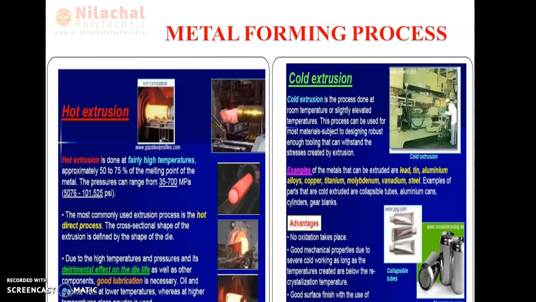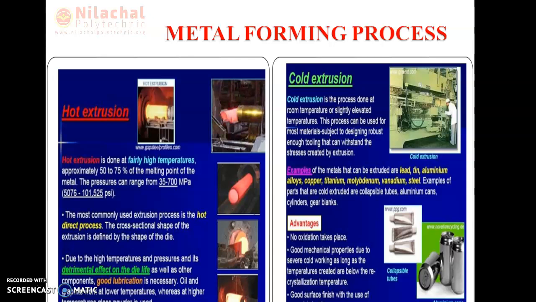Because we are using hot work metal, it reduces the die tool life. That means the machine where the dies are fitted should expect a heavy reduction of tool life.